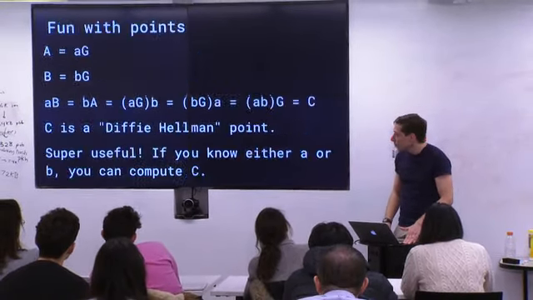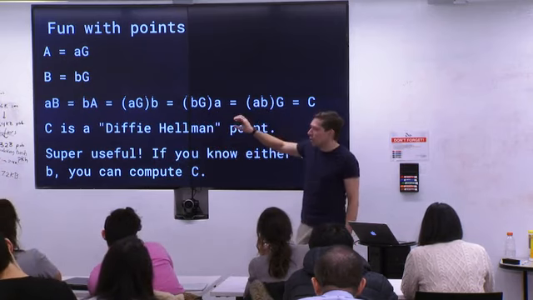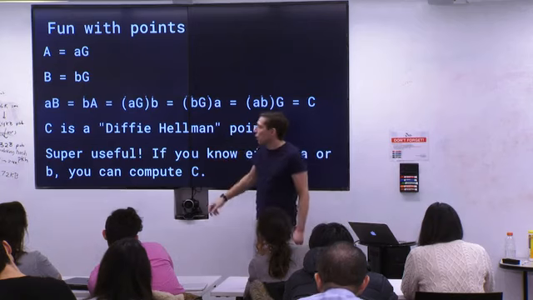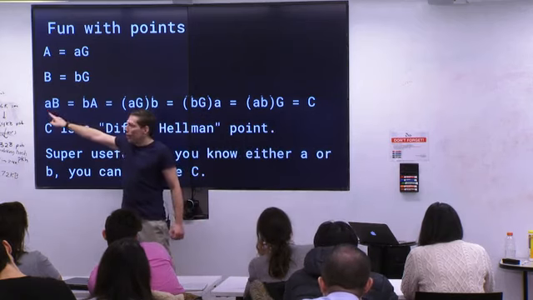Fun with points. Okay, so I'm not using an asterisk. I'm just writing B times G. So let's say Alice has a public key A, Bob has a public key B, which is little a times G or little b times G. Well, this is weird. Little a times big B, Alice's private key multiplied by Bob's public key.